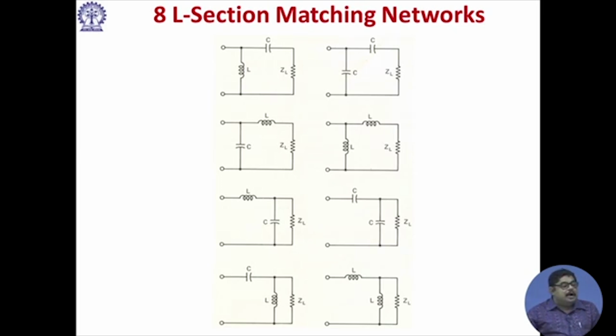You can have a series C, or both the arm and branch being C, both being L, the first one L and the second one C, or various combinations. So, 8 L section matching networks are possible. From that you can choose. Now, which one to choose at which point?